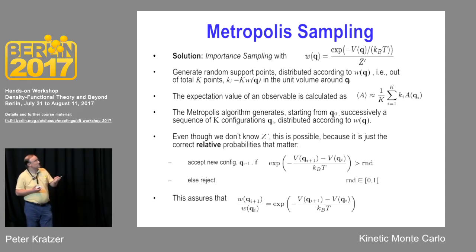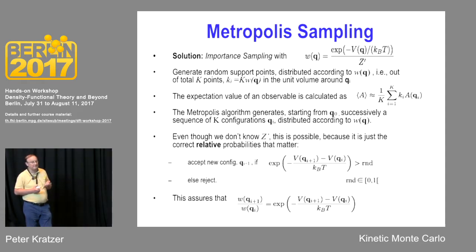And now to get averages, you can construct a weight function W, and out of your total k sampling points, you have k_i points falling into a certain interval in space, and then you can calculate the thermal average of any quantity just by sampling with the number of weight points k_i. But now how do we get this distribution function W?